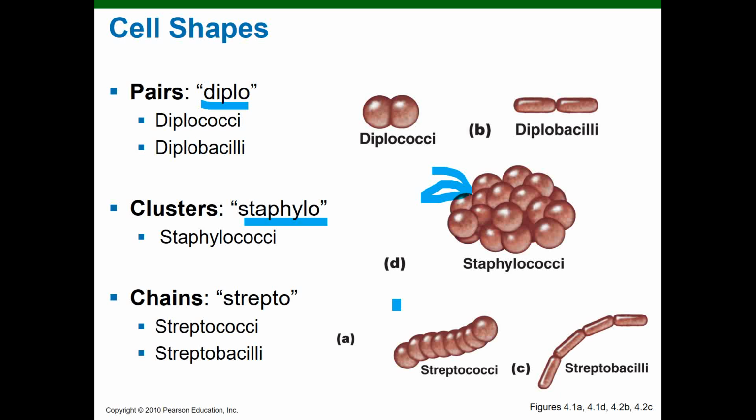That's one of the ways we can identify and differentiate Staphylococcus from other types of bacteria. Streptococcus or streptobacilli, again, if you have ever had strep throat and you were to look at the bacteria causing that infection, you would see under a microscope a chain of spherical shaped bacteria. Think about strep like a strip. So strep.